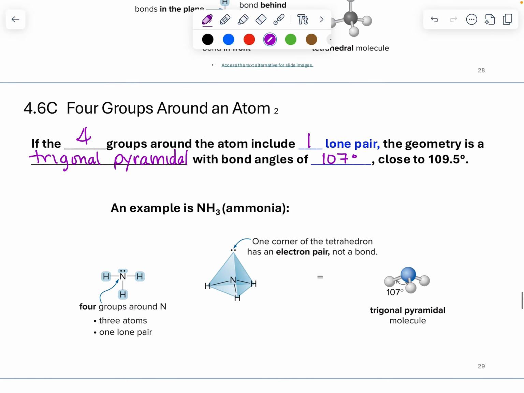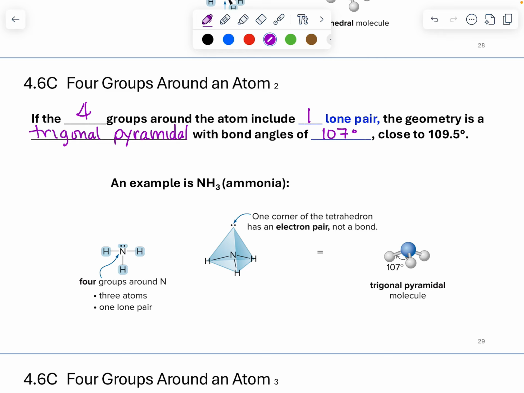And so here we see an example, NH3. When you draw the Lewis structure, you see their central atom is nitrogen. It's surrounded by 4 groups, but one of the 4 groups is a lone pair. So the lone pair actually takes up more room than the bonded atoms, and so that changes the shape just slightly. And so instead of tetrahedral, you end up with trigonal pyramidal, and that reduces the bond angle.